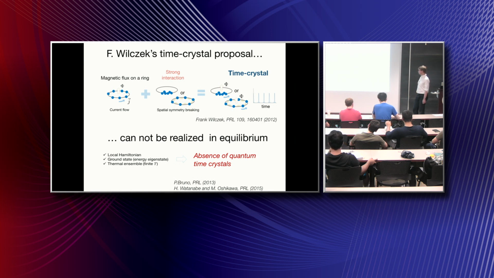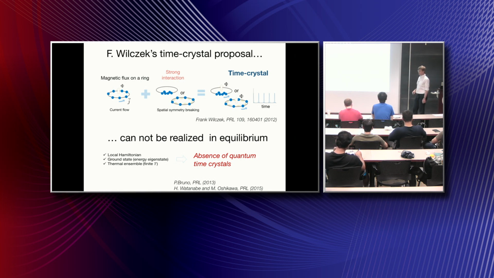In fact, quite generally, if you have Hamiltonians with reasonably local interactions, and in particular, if you're asking the question either about the ground state or a system in thermal equilibrium, this time crystalline order will not exist. It will be unstable. And so at this point, you could say, okay, that's the end of the story. There is nothing you can do.